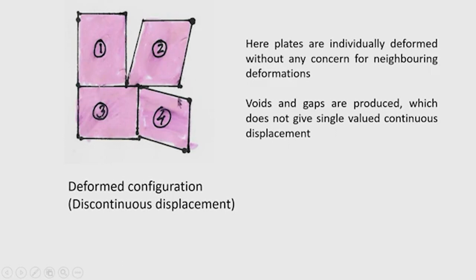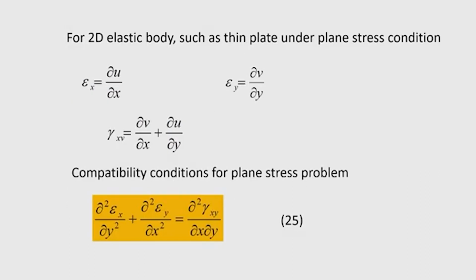That situation does not obey the compatibility condition of the displacement. So, in the deformed configuration a discontinuous displacement is seen here, and in the analysis we should always see that a continuous single valued displacement is obtained, which is satisfied by the strain compatibility equation.